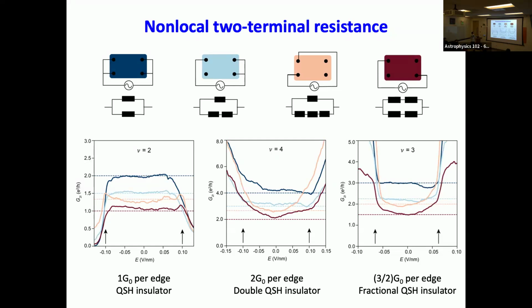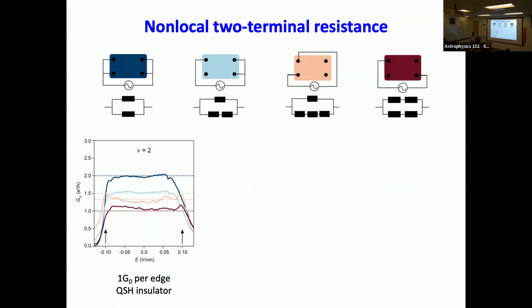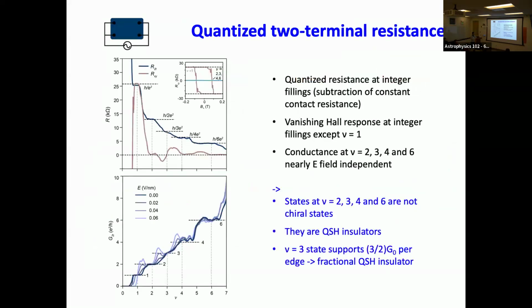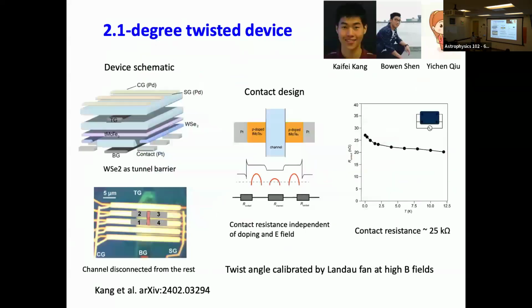But I'm sorry, I mean when you show the resistor diagrams, going from one end to equilibrate, you have another stretch of edge to equilibrate. Yeah, and that's why we can think of it like this. Since we just subtract one constant and measure a pretty well quantized quantum anomalous Hall state at h over e squared, that means actually that in our contact, going back to here, from the heavily doped region to the channel, this contact is quite transparent.